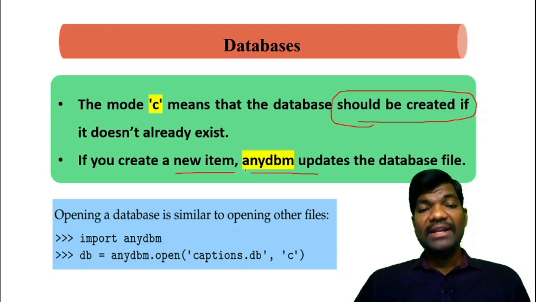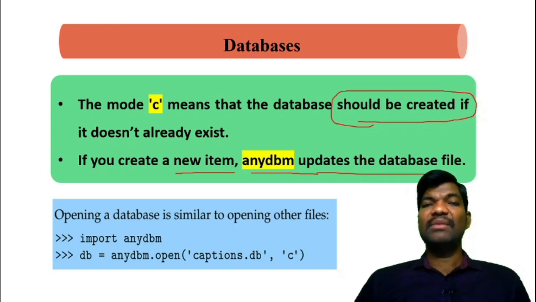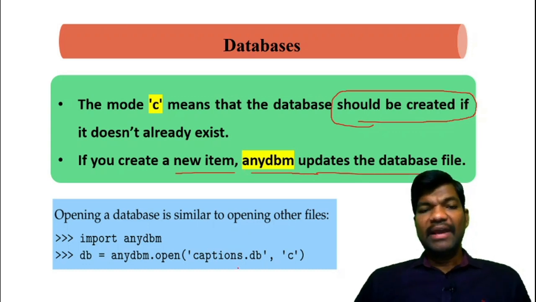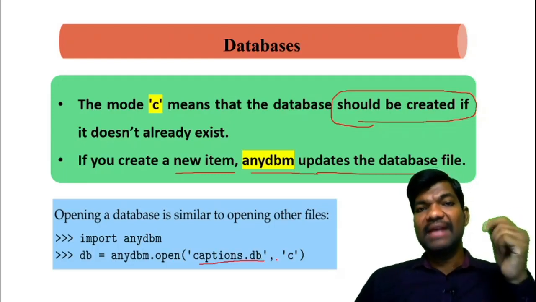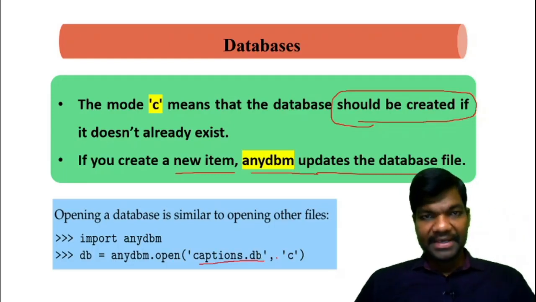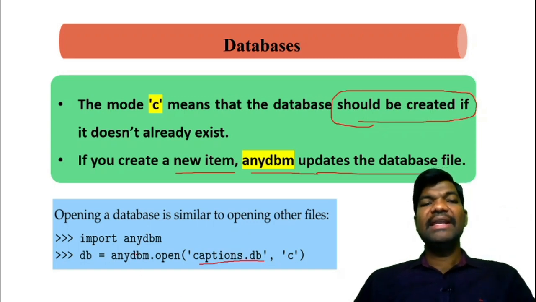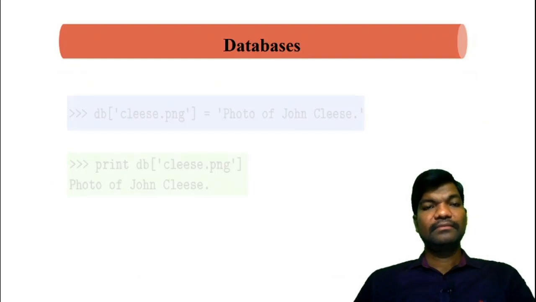If you create a new item, anydbm updates the database file. So if captions.db is not available, it will be created. If captions.db is available, it will be updated. So that is the use of the anydbm module.